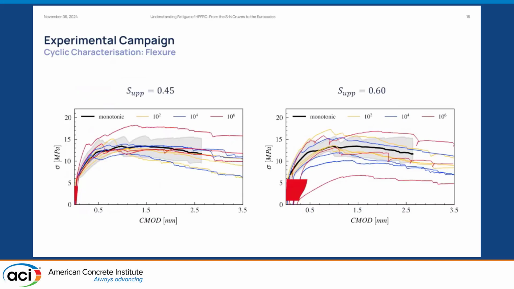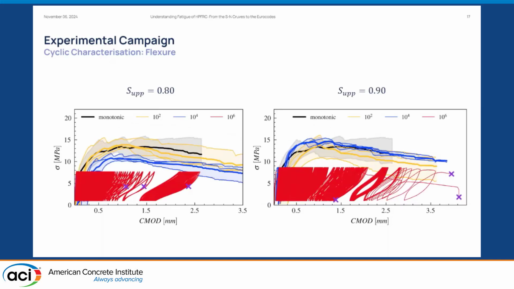Okay, those are the results for 45% and 60% of the upper load level. In yellow, it doesn't show very well, you can see the results for 100 cycles, in blue 10,000, and in red 1 million cycles. And of course, as you can imagine, the larger the load level and the larger the number of cycles performed, the larger the accumulated crack mouth opening displacement.